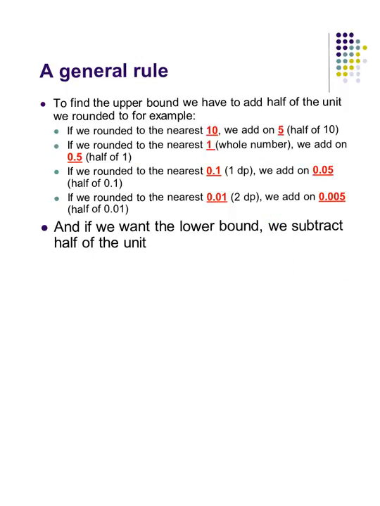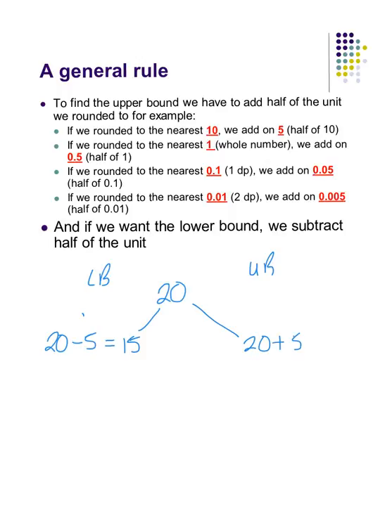So here, if we were rounding a number to the nearest 10, so for example, a number has been rounded to 20 to the nearest 10, then our lower bound would be 20 minus 5, which would give us a lower bound of 15, and our upper bound would be 20 plus 5, which would give us 25.